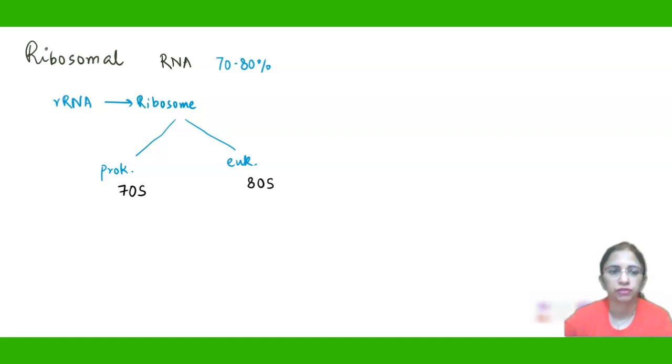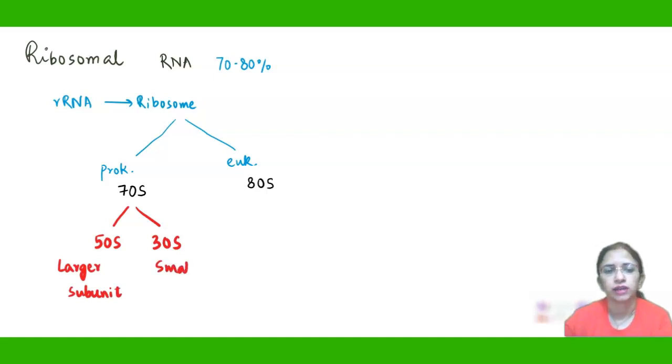If we bifurcate their larger and smaller units, then it is 50S in the case of prokaryotes, the larger subunit, and the smaller subunit is 30S. A functional ribosome is one in which the larger subunit and smaller subunit are attached to each other. Otherwise, whenever they are separated, they are not functional.